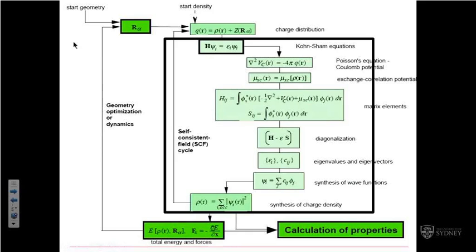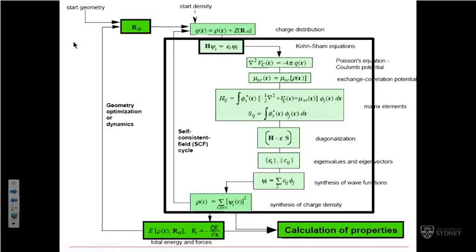So it's an iterative scheme. You start off with some guess for your electron charge distribution. So you might just assume that your starting density is a sum of the densities of the atoms. And then you will make some guess for your exchange correlation potential and add that in here to your Hamiltonian.